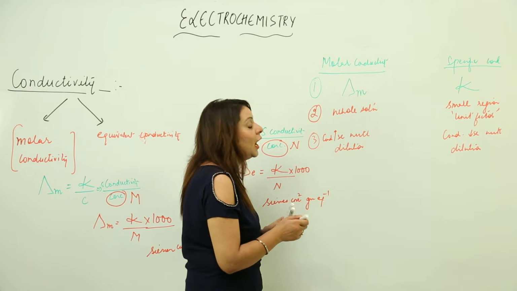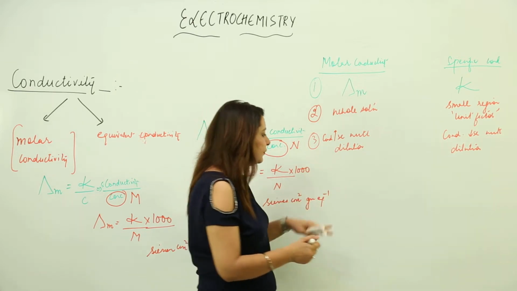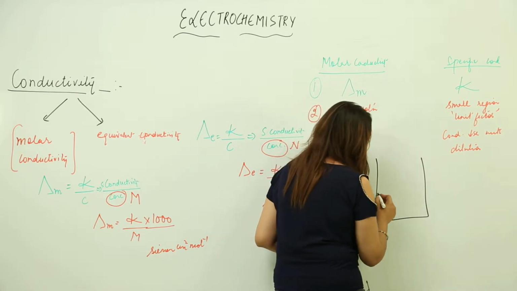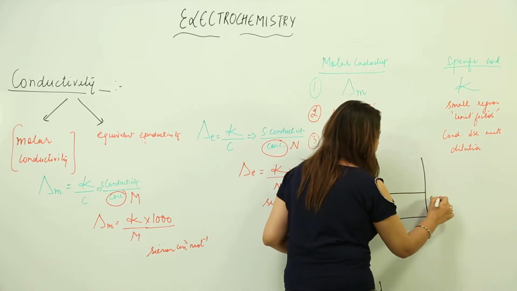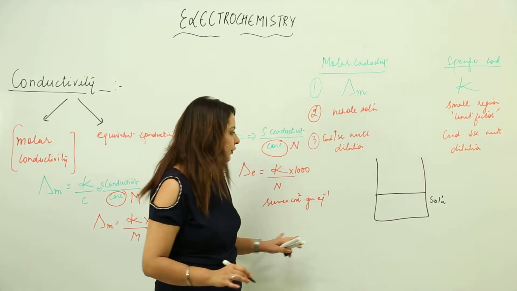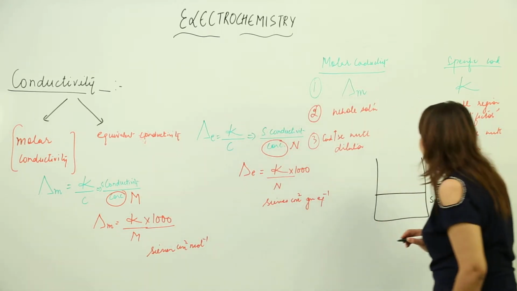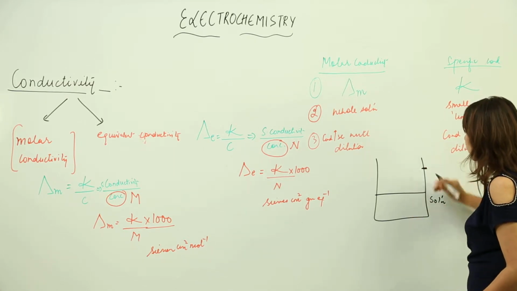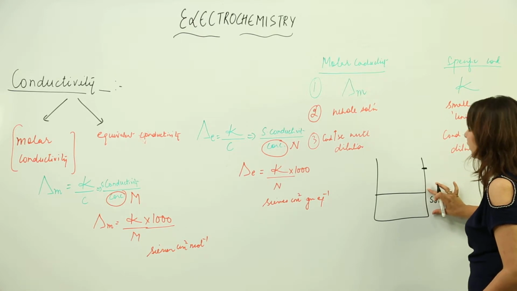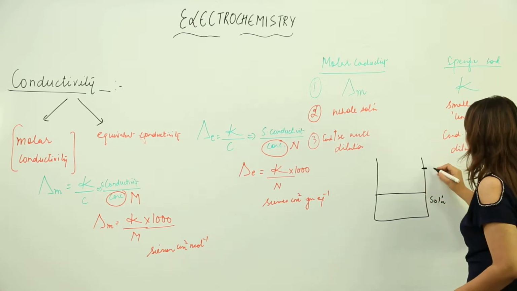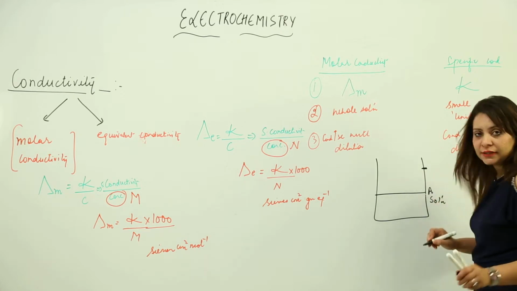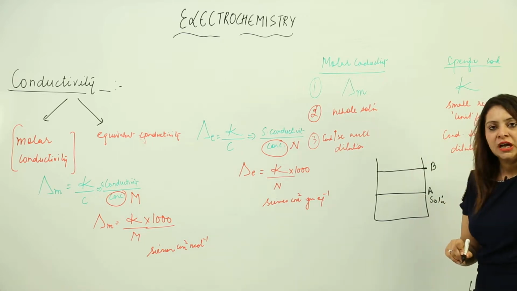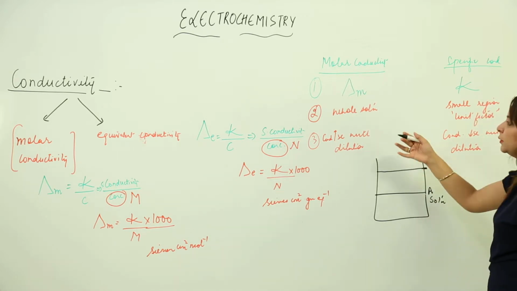Now let's see how they both vary in a different manner. Suppose you have a beaker in which I have a solution of a given concentration. Now I'm going to dilute it, and when I dilute it, the level changes. Let's say the initial level was A, and now on dilution it becomes B. What do you think about the molar conductivity?